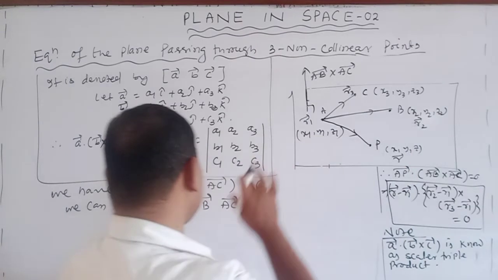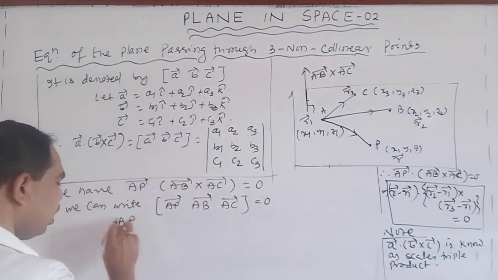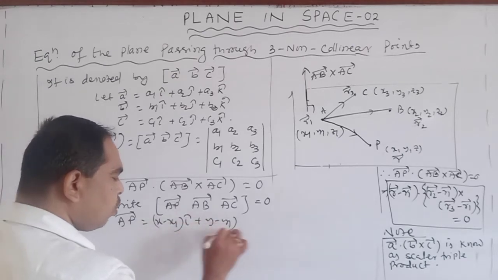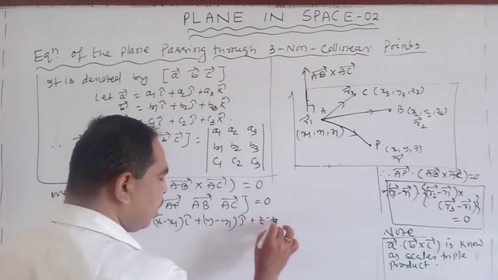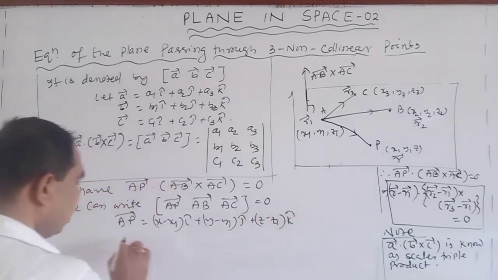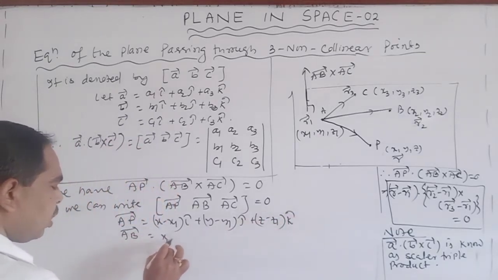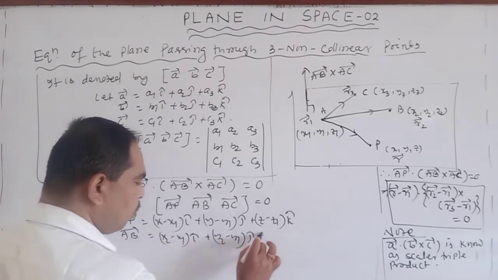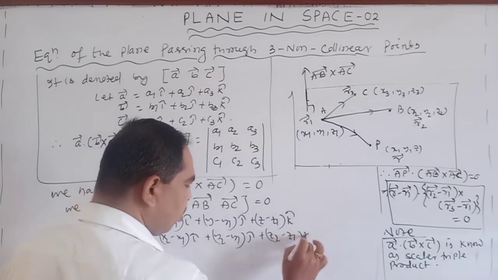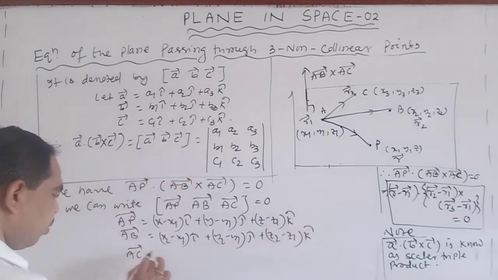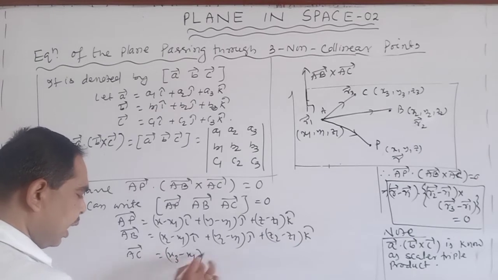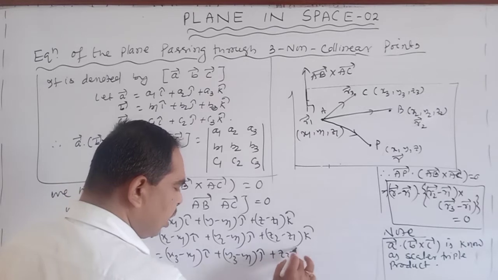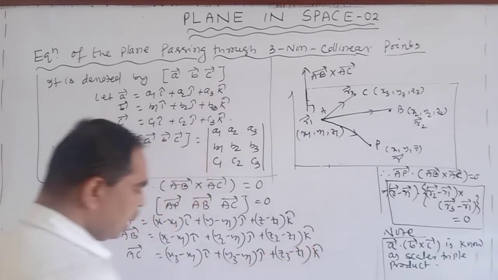So AP vector means x minus x1 i cap plus y minus y1 j cap plus z minus z1 k cap. AB vector is x2 minus x1 i cap plus y2 minus y1 j cap plus z2 minus z1 k cap. AC vector is x3 minus x1 i cap plus y3 minus y1 j cap plus z3 minus z1 k cap. This is the AC vector.